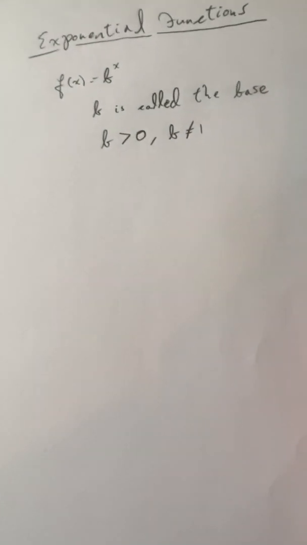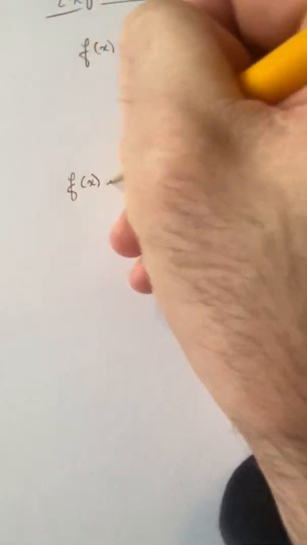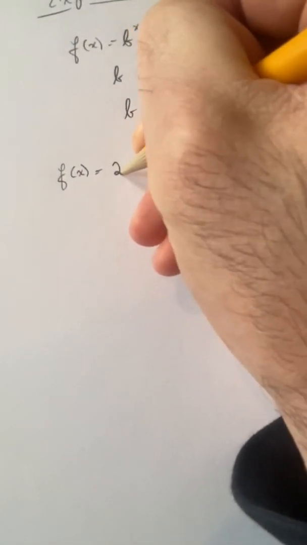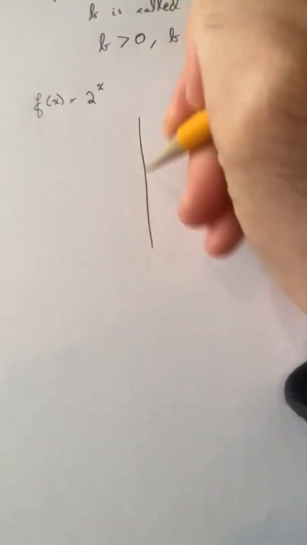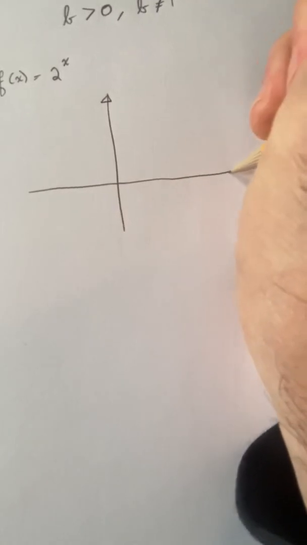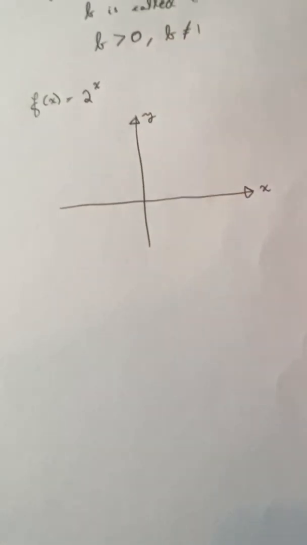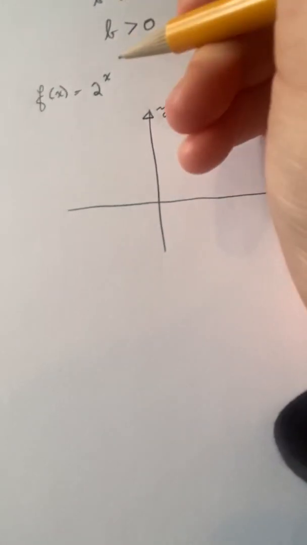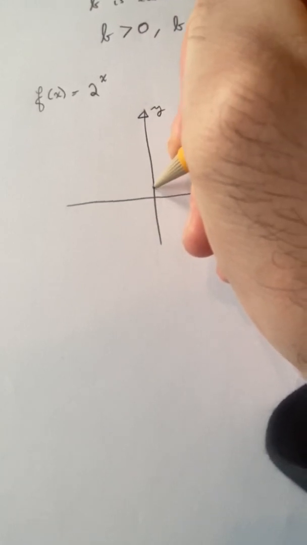Now there are different things that happen if you have different types of bases. So let's look, for instance, at what happens if you have an exponential function like 2 to the x power. What does the graph look like? Let's try to make a sketch. The first thing we could do is plug in 0. 2 to the 0 power is just 1.